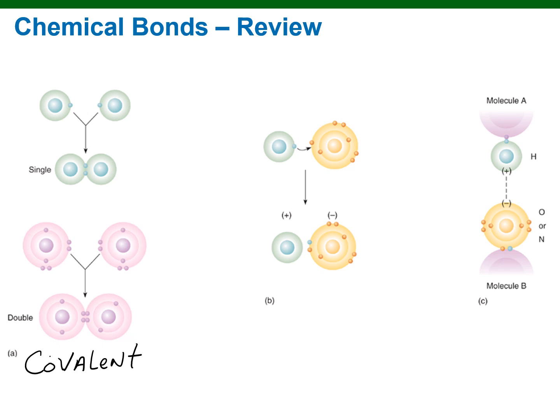Secondly, in panel B of this illustration, we have an atom here on the left, and it appears to be giving up an electron. When this minus charge electron leaves, the atom now takes on a positive charge.